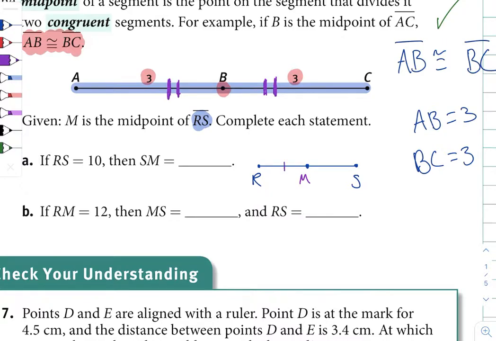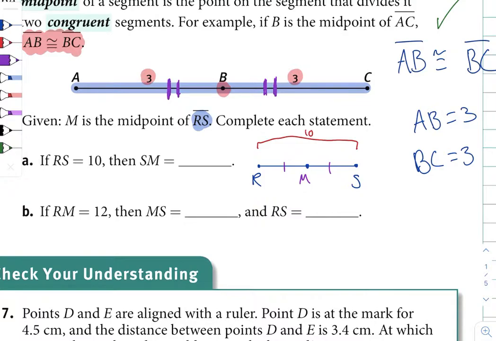So down here, I know that those two sides are going to be the same because it's a midpoint, so it cuts it in half, right? It cuts it into equal pieces. So RS is 10 units long. So that's the entire line segment. So if you wanted to, you could label that. Maybe you could put this thing up here and say that that whole thing is 10. But what's more important is now, okay, if that's 10, then what happened when I put that midpoint in?